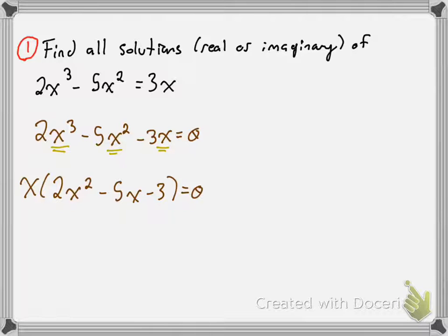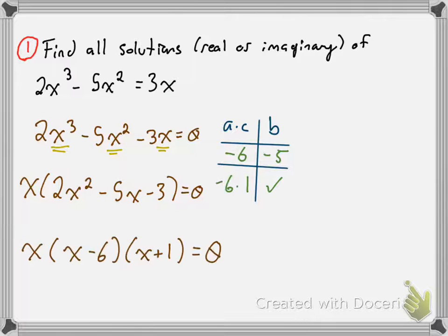and if not, we would use the quadratic formula. So if I'm going to factor it, using the AC method, I want two numbers that multiply to give me -6 and add up to give me -5. Thinking this through, I could see that if I use -6 and 1, -6 times 1 will give me -6, and -6 plus 1 will give me -5, so that works out.